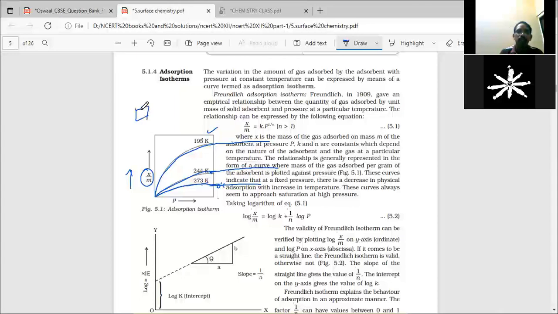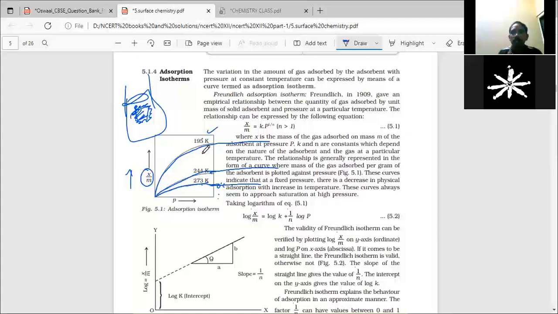Because if this cube is in a container with some gas and I increase the pressure, and all the surface area is already occupied by the gas, where can more gas adsorb? There is no free surface area. After a certain pressure, increasing it is of no use, so those gas molecules are not adsorbed. Up to a certain pressure only, it is increasing.